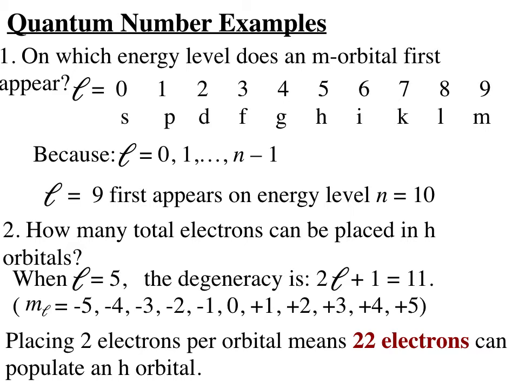Then what the next several slides are going to demonstrate is applying the ideas of the quantum numbers to make predictions about the behavior of electrons based on what quantum numbers are allowed. So let's begin with this first problem, which says, on which energy level does an m orbital first appear?